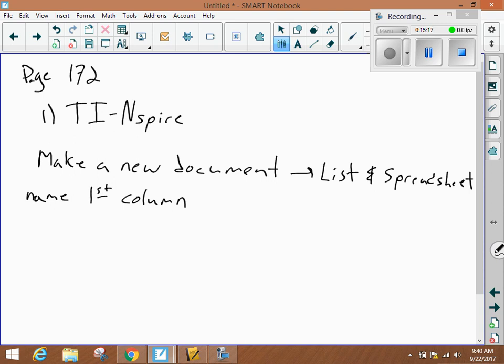It does not say which should be our explanatory and which should be our response variable. So let's go ahead and name this first column points per game.